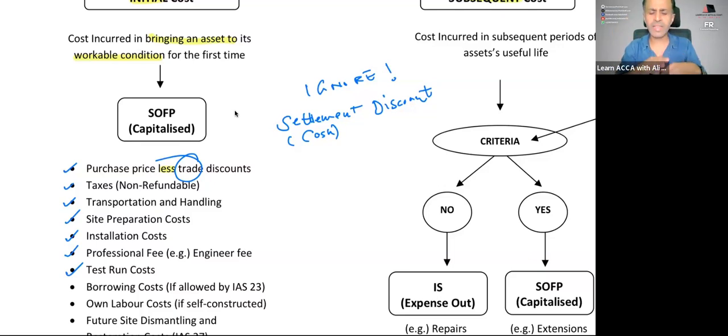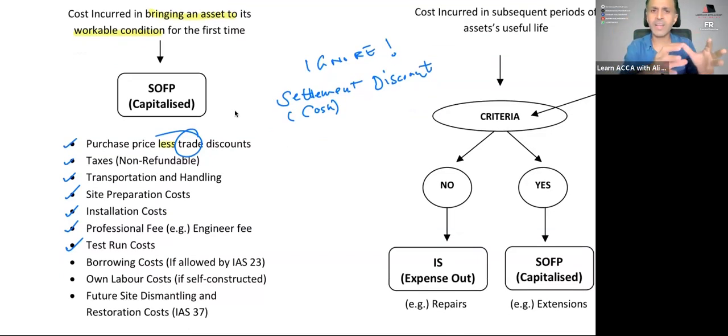There are certain costs I yet have to comment on, but they will not necessarily be a part of this cost calculation all the time, though they can be. I can have a discussion, but till the test run, all the cost will be capitalized. After the test run, this plant then will become usable.